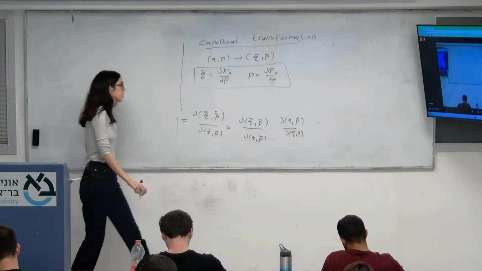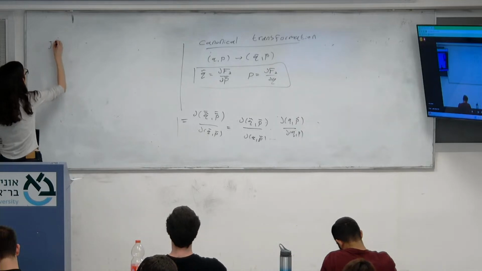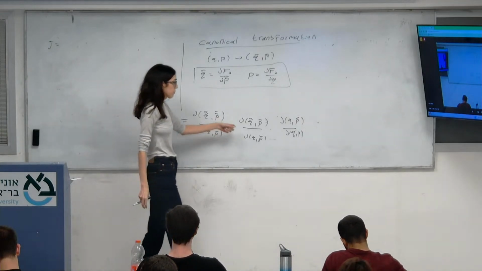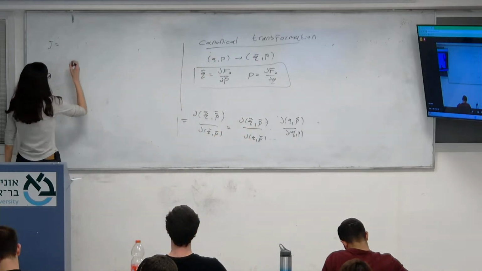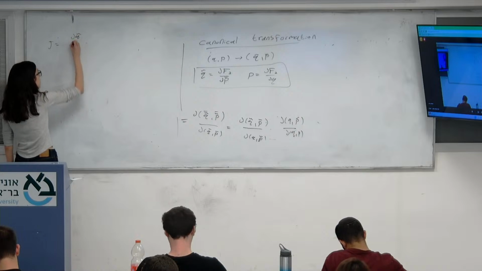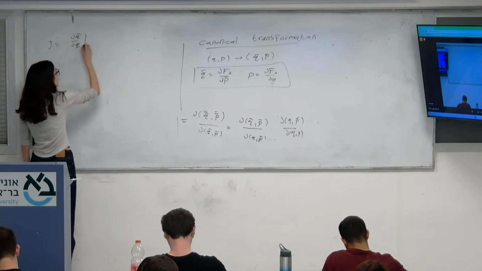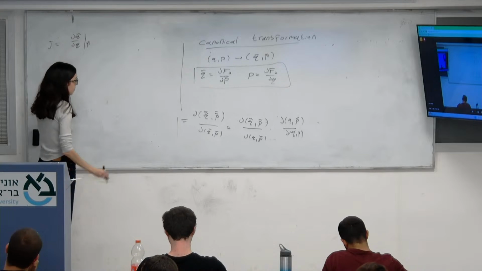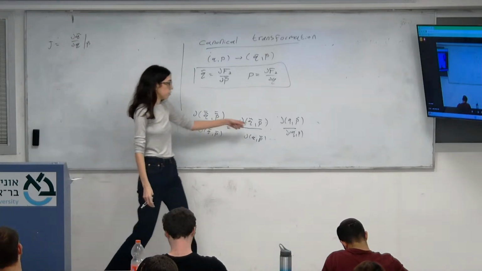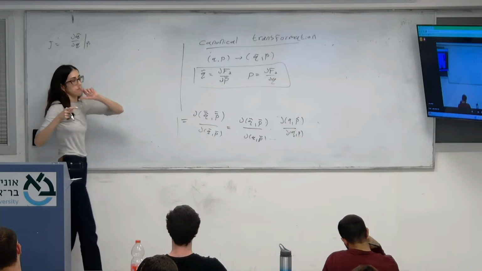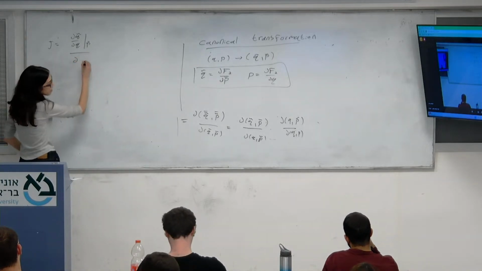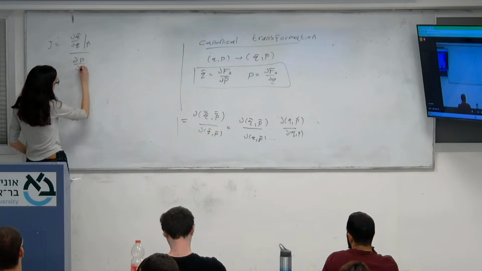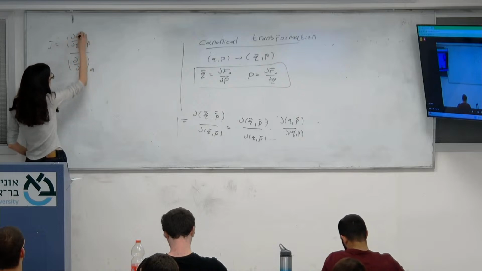So the first term is just the derivative of Q tilde over Q, where I keep P constant. And instead of multiplying, I can divide by the opposite, so this will be over dP tilde with Q constant.